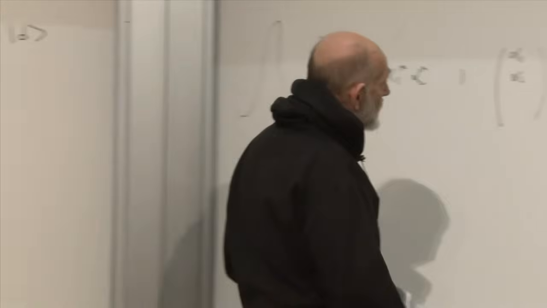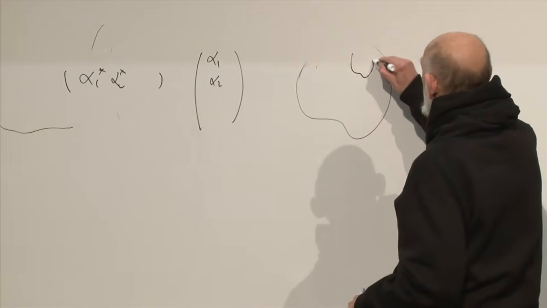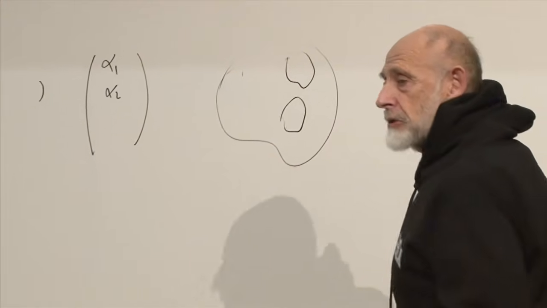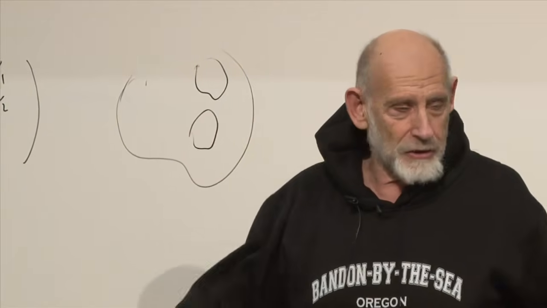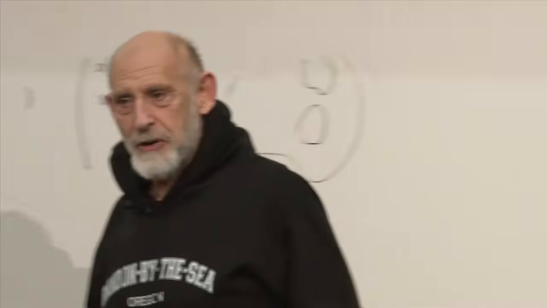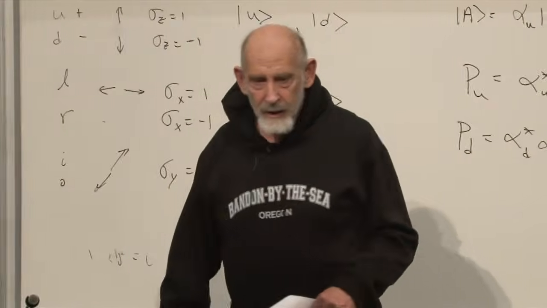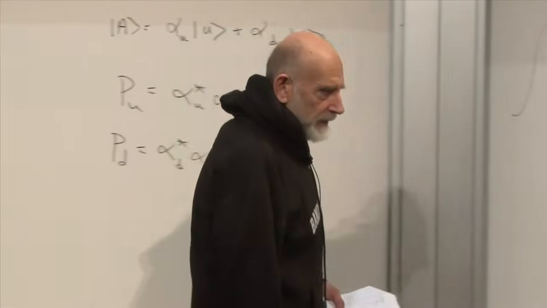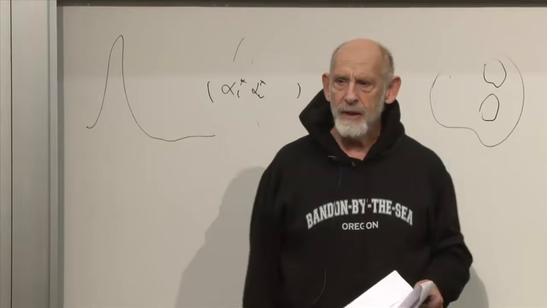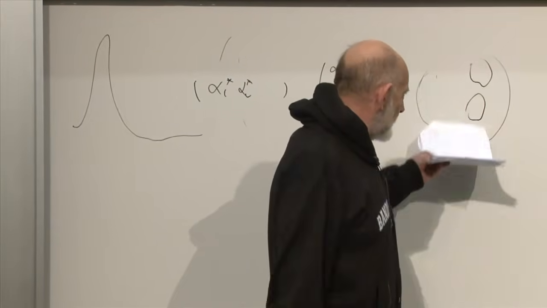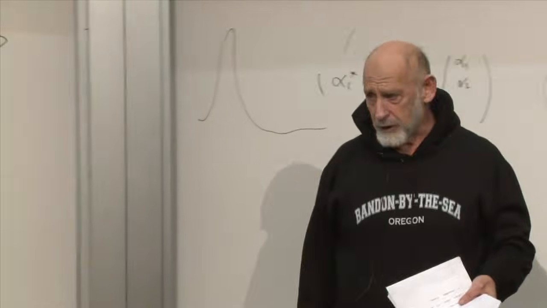I'll tell you what it corresponds to in terms of sets. You might say that two sets are orthogonal if they don't share any elements. This is not standard terminology, but you might say it anyway. They're orthogonal if they don't share any elements. That means they're distinctly different. There's no chance that an experiment will confuse the two of them. A nice experiment to distinguish them will not lead to any ambiguity.